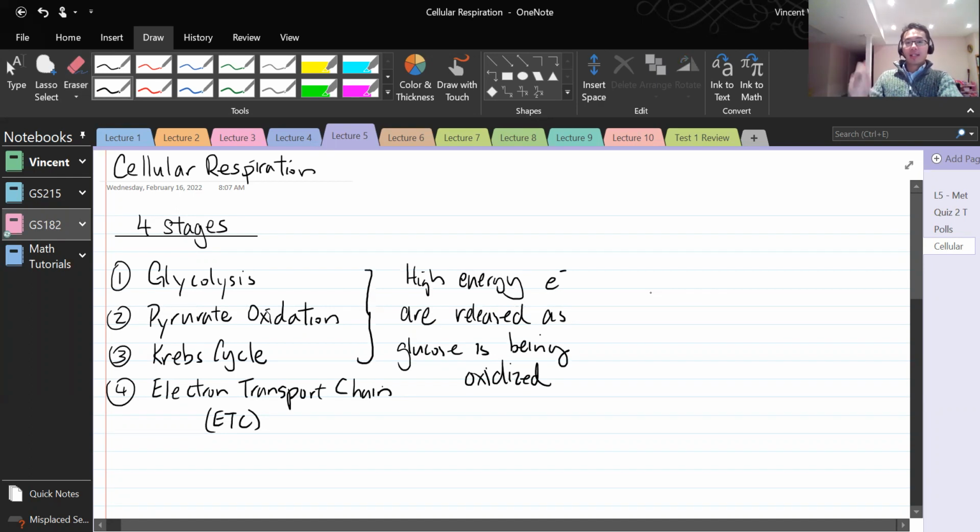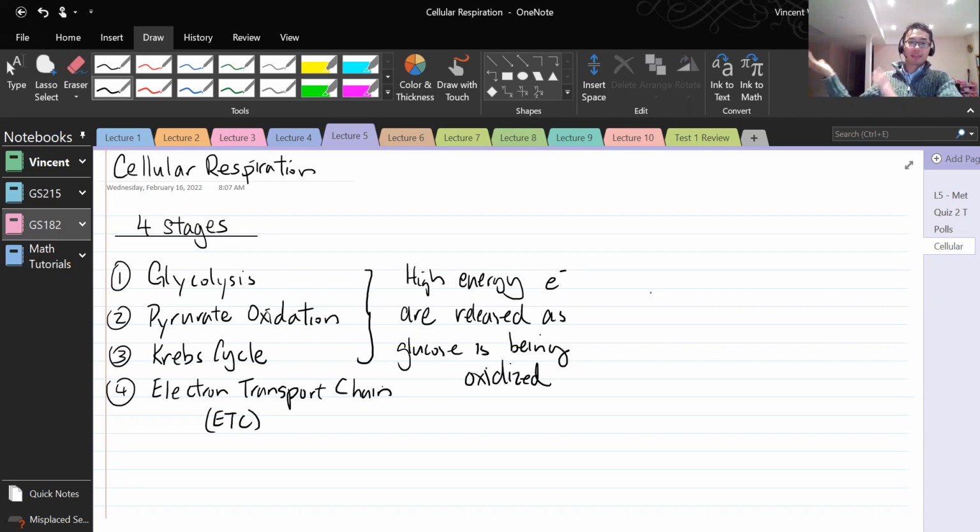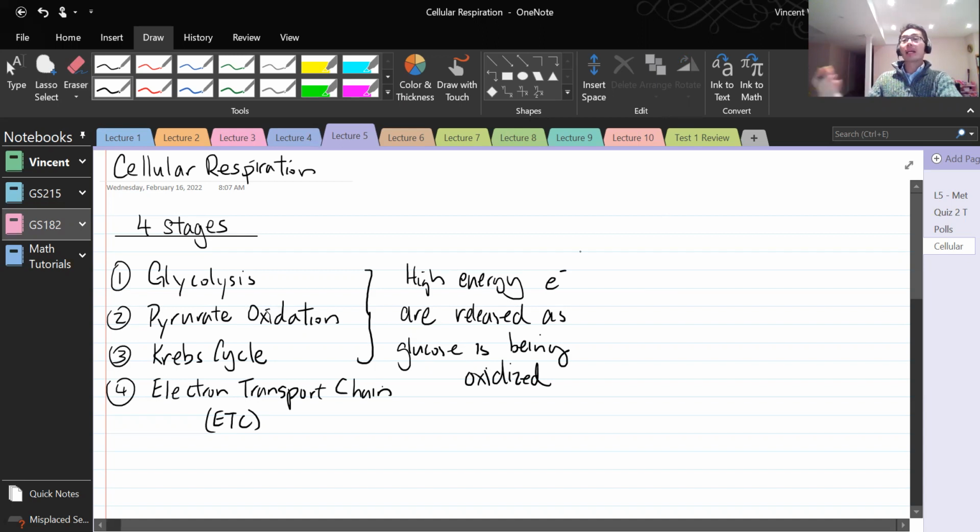So we don't want to waste these high energy electrons. We don't want them to just flow away and go to who knows where. We want to capture them. We want to grab onto these high energy electrons, and we want to use the energy to make ATP.